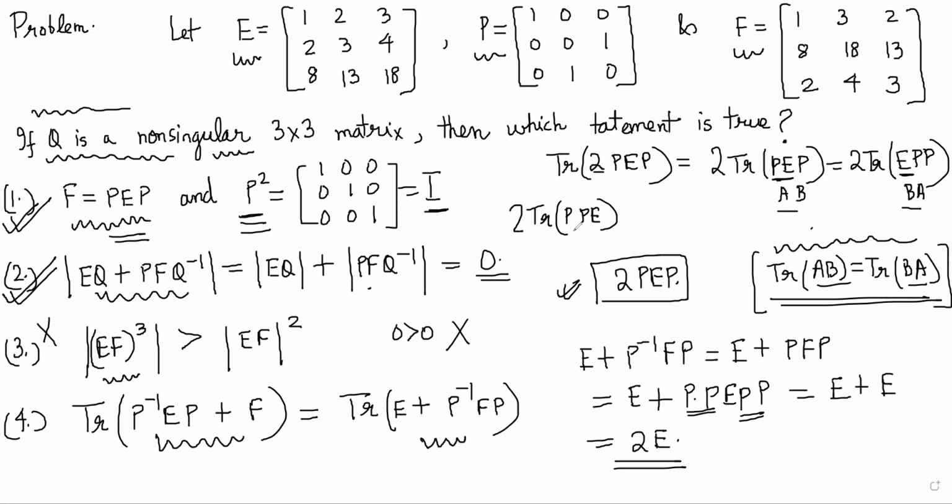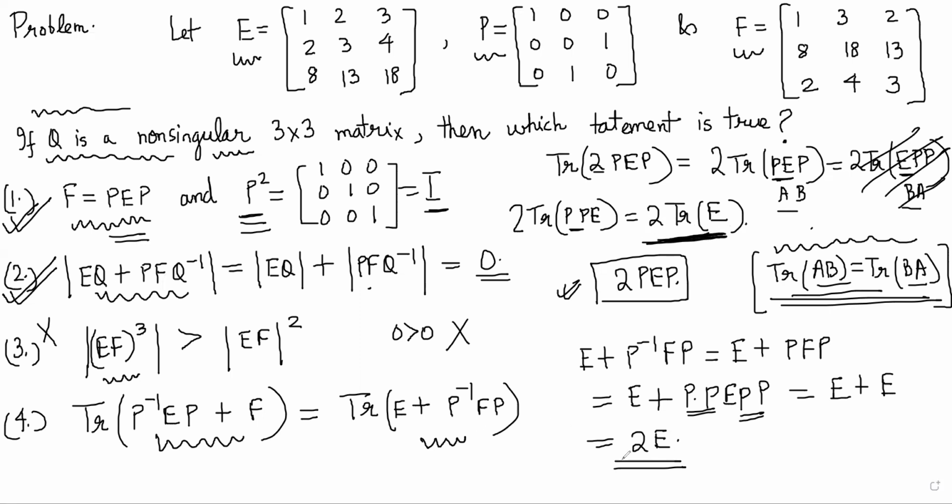Trace of PPE is simple because P square is I, right? So this will be 2 times trace of I into E, which is 2 times trace of E. So basically, you don't need to write it as EPP, I think. It is better to use the property exactly accurately. So trace of AB is trace of BA, and therefore trace of PEP becomes trace of P into PE, right? So that is 2 times trace of E.